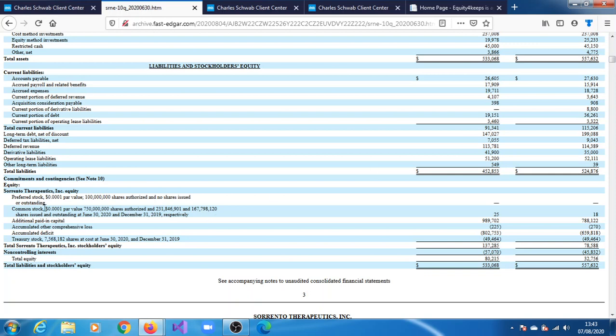So equity, preferred stock, and all that, none of that I don't think. Common stock par value 0.001 per share, 750 million shares authorized, and 231,846,901, and 167,798,120 shares issued and outstanding as at June 30th, 2020.